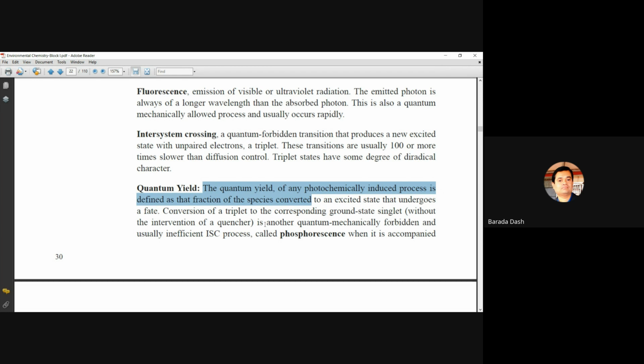So after light is absorbed, it is the fraction of the species that goes to an excited state, undergoes a particular reaction, or undergoes a change in color. That is called quantum yield.